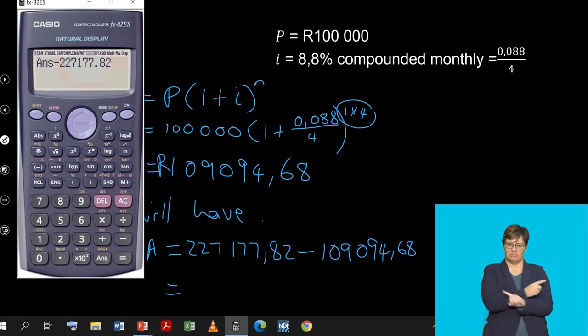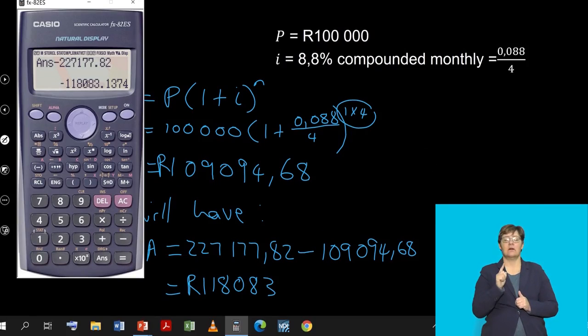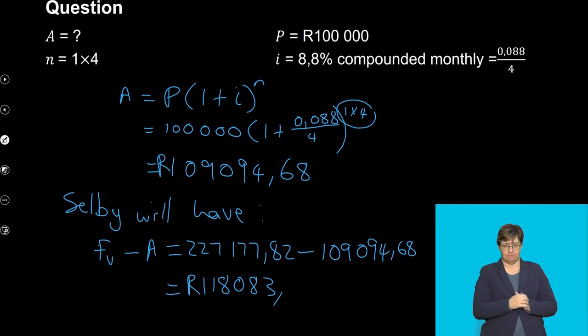It's just because I started with a small number, right? But it's really one and the same thing. And this is going to be 118,083 rands. 118,083 rands. And how many cents? And 14 cents. Right?